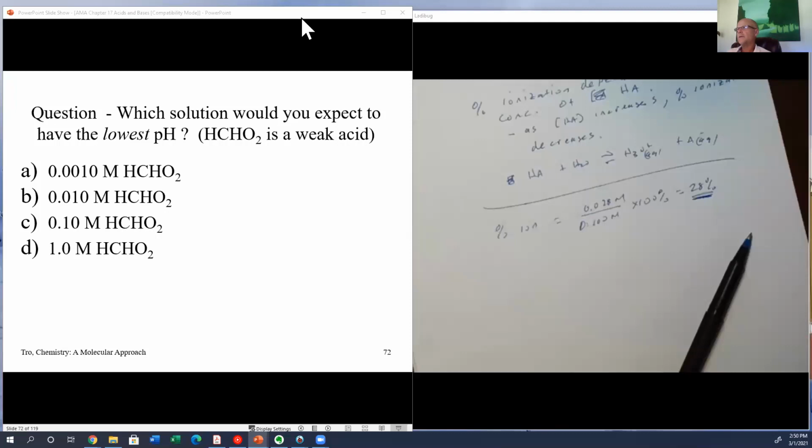So another way to think about this question, if you're having trouble here, which solution would you expect to have the lowest pH? Which solution would you expect to be the most acidic? Don't overthink this.